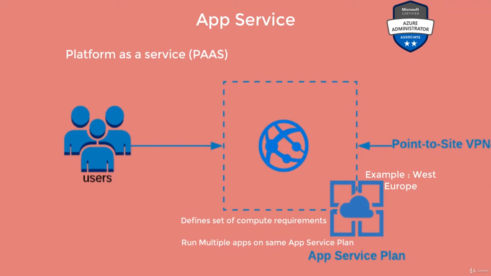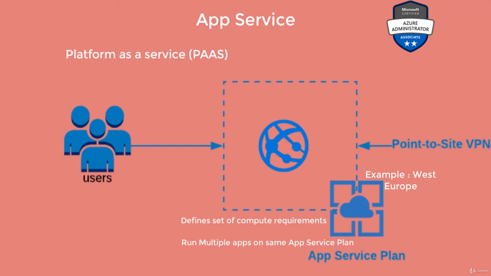The app service plan runs in a number of tiers. So you have free tiers and shared tiers as well. In the free and shared tiers, an application receives CPU minutes on a shared virtual machine and it cannot be scaled out. In other, more advanced tiers, an application can be scaled. So when you create an application in an app service, you put it into an app service plan.